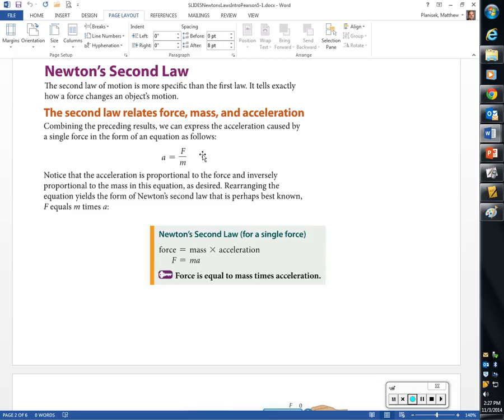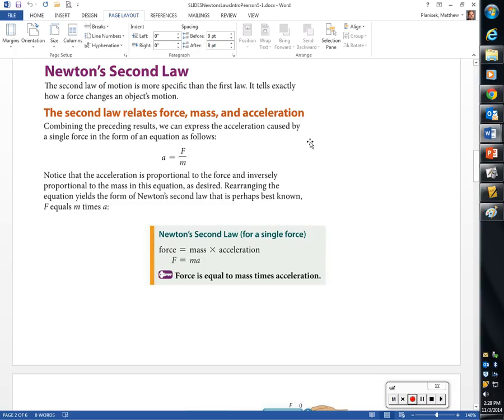Usually, we will see it in this form, F equals ma. Same things hold true there. We also talked about on Friday that very rarely will we have just one force to consider. So when we have to consider multiple forces, we don't just look at the force, we have to look at what?